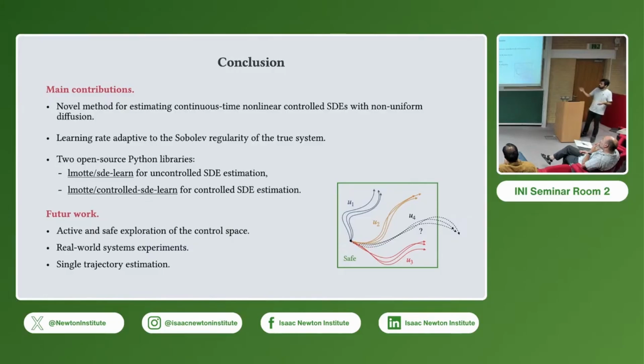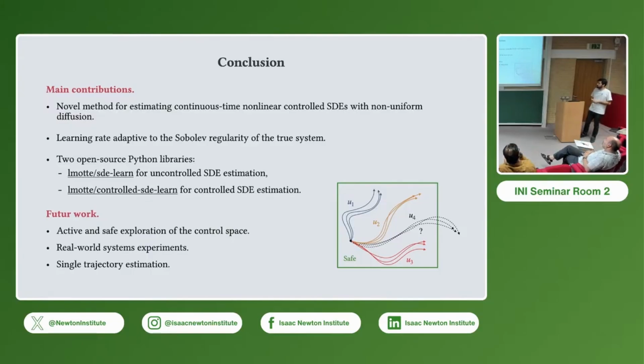And then the last important direction that I'm working on at IIT now is to estimate the system from a single trajectory. Because with this work, I need to resample the system from the same initial distribution, which can be in practice a limitation.